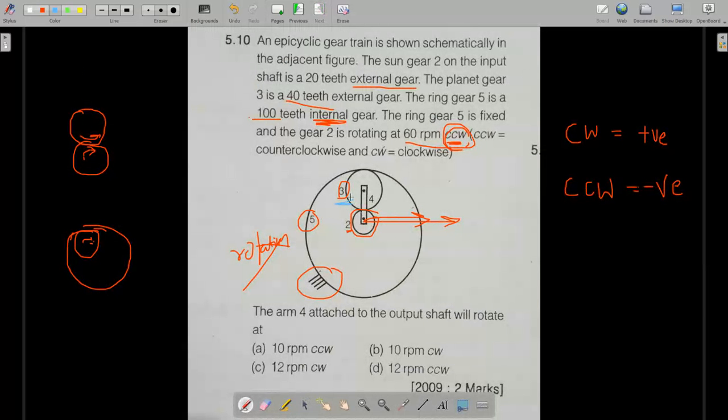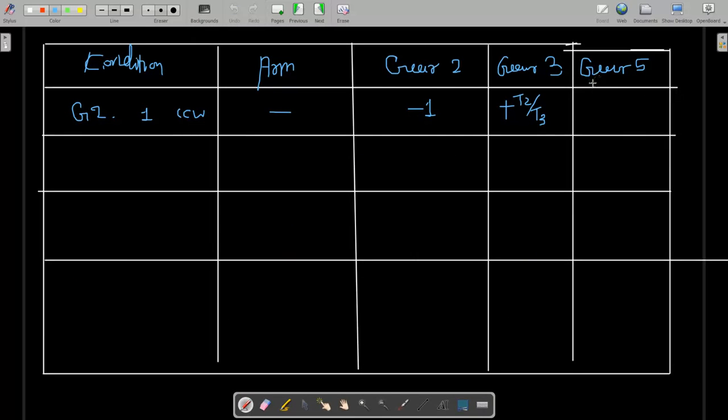Now gear 3 and gear 5 mesh internally, so the direction will also be positive. T2 meshes with T3 and T3 meshes with T5.